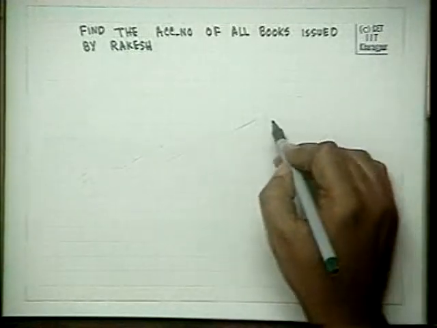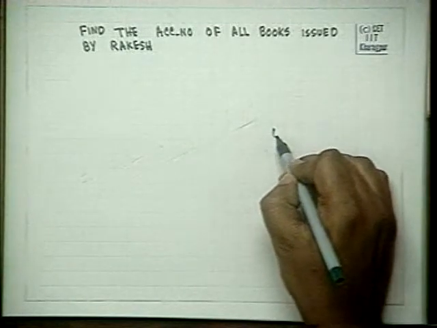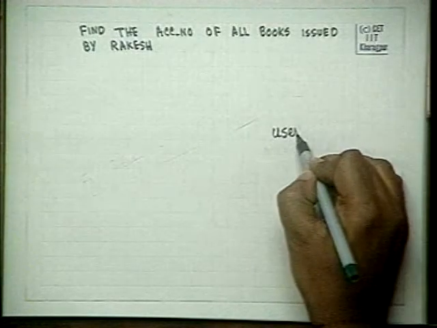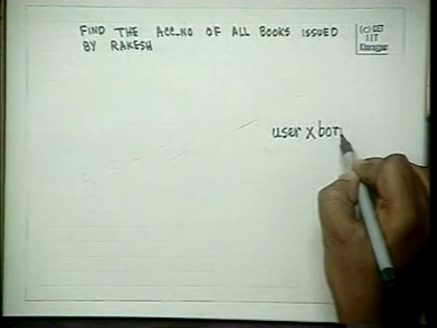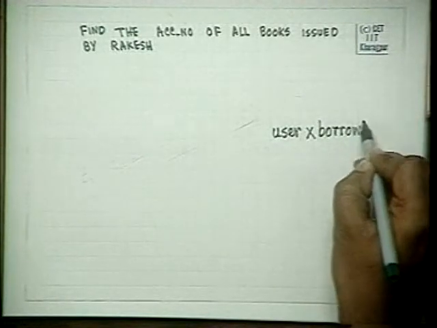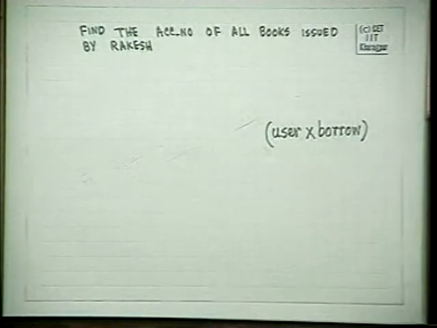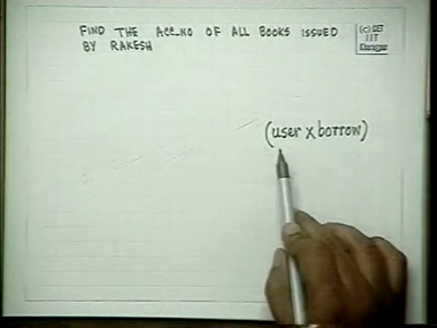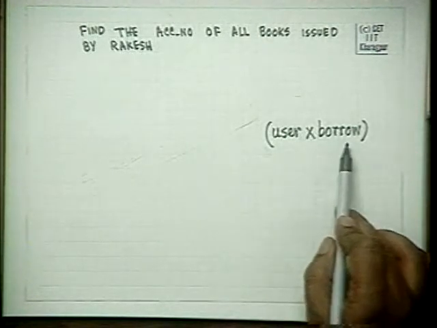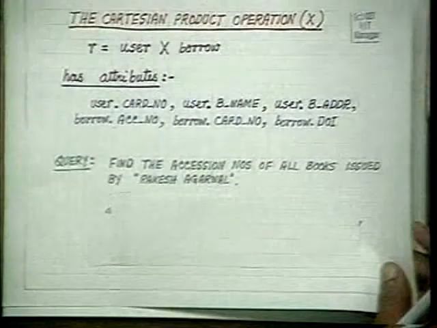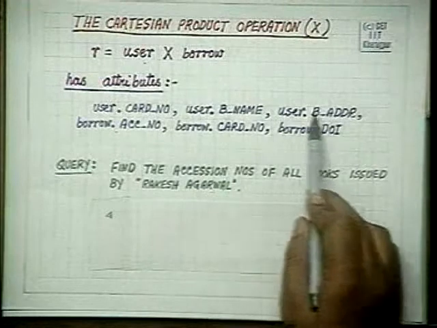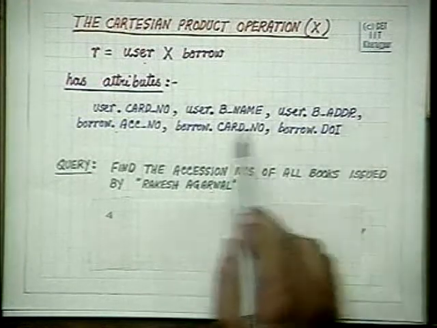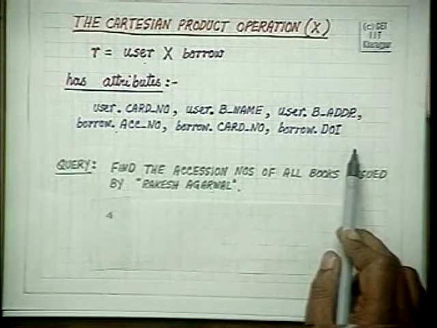So the first thing that I will do is, when I do user Cartesian product borrow, I will have all possible combinations of the user relation with the borrow relation.